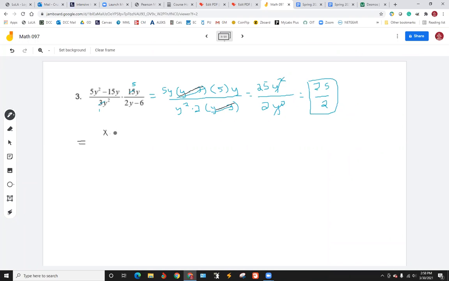x minus 3 over 3 minus x is equal to negative 1, okay? That's important because these two are not the same. If there's an addition sign in between them, it doesn't make a bit of difference because addition is associative.